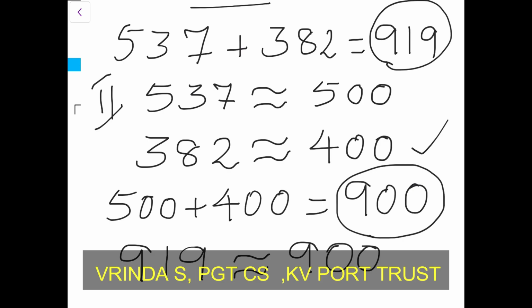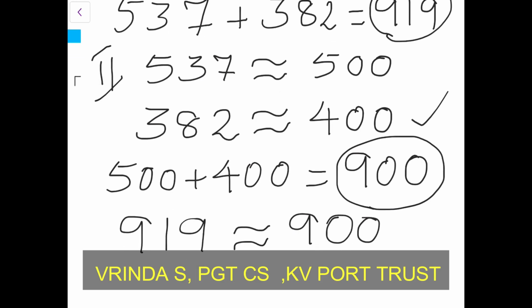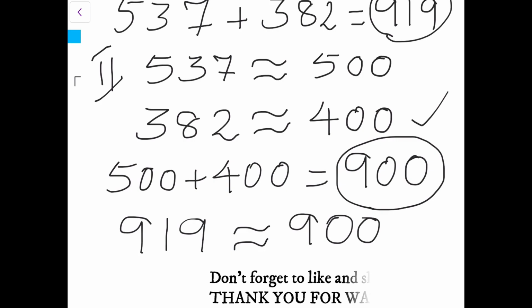So, sometimes we may need to find an answer quickly without having a calculation, without having any calculator. In that case, it is always advised to go for approximation to the nearest tens, hundreds or thousands depending upon the requirement.